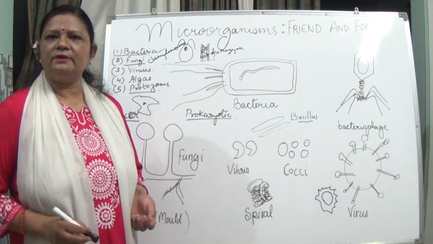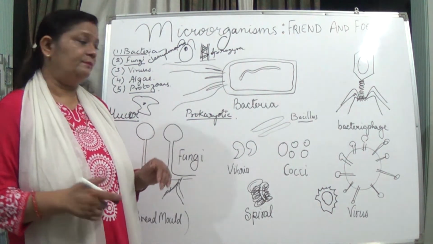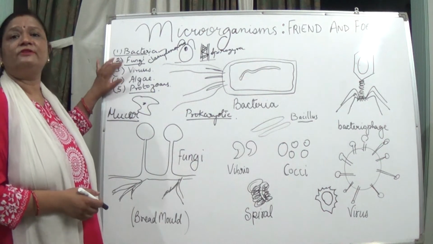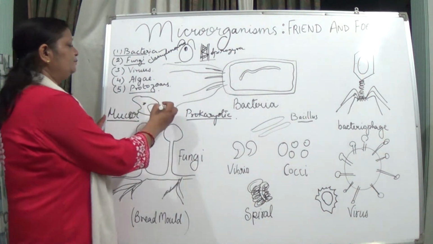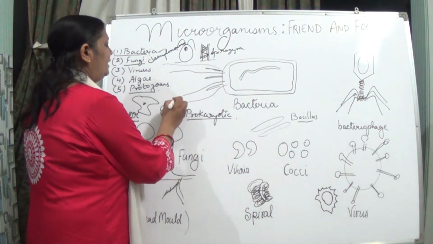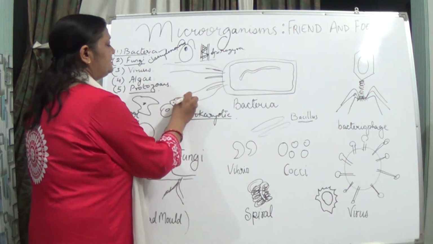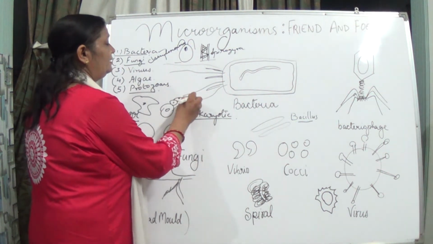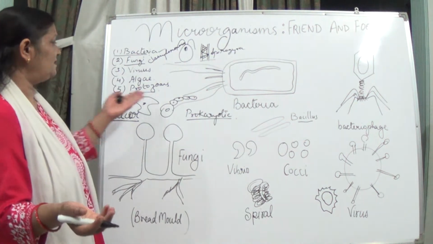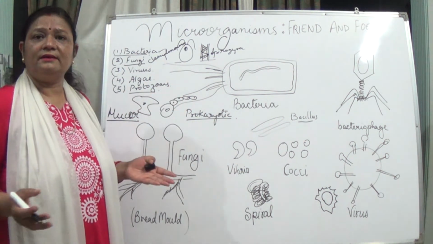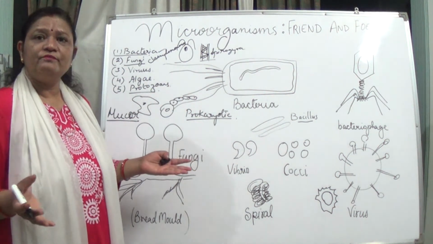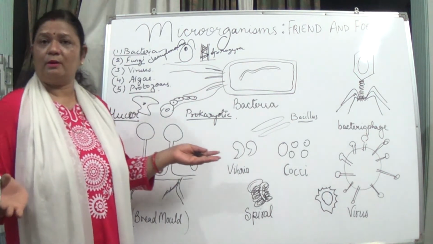Actually, what has happened over here? The yeast has multiplied. Yeast is what? A fungi. What is yeast, son? Fungi. Okay, and it has started multiplication. And as it starts multiplication, the number is increasing, respiring more, thereby producing what? Alcohol.